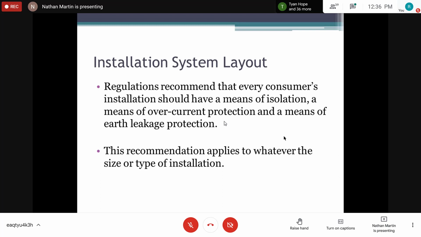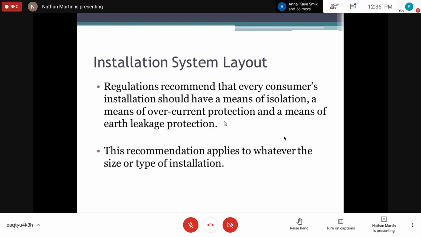But it states that each consumer, and we're talking about industrial, commercial, and residential, so don't think of consumer as just your home or a small installation. Whether it's small, medium, or large, the regulations state that it must have a means of isolation, meaning it must have a main circuit breaker.